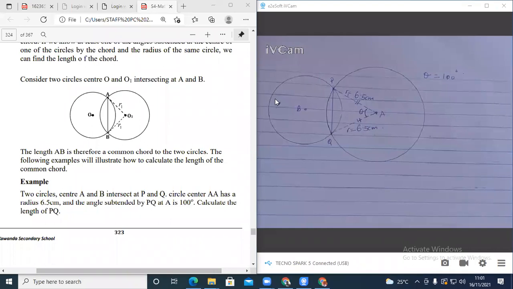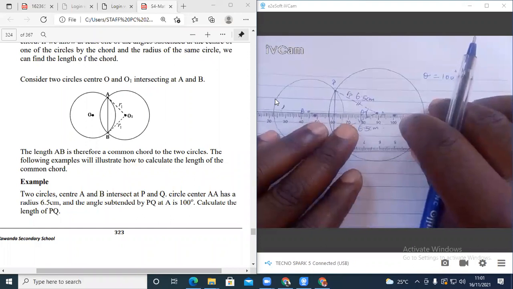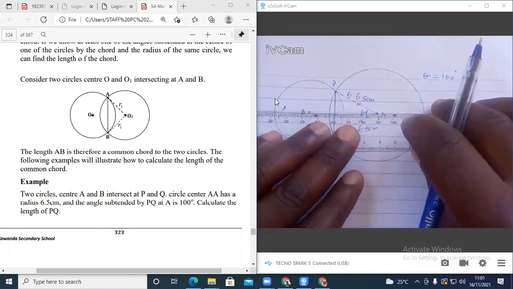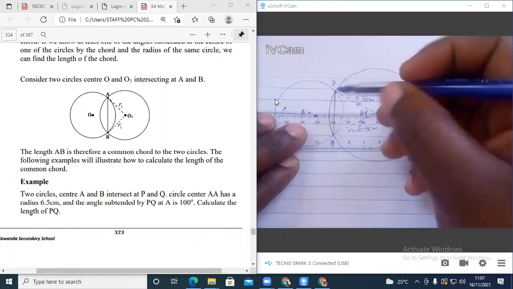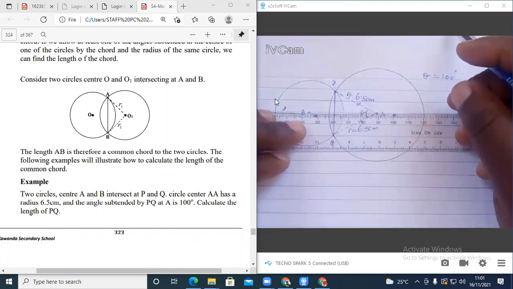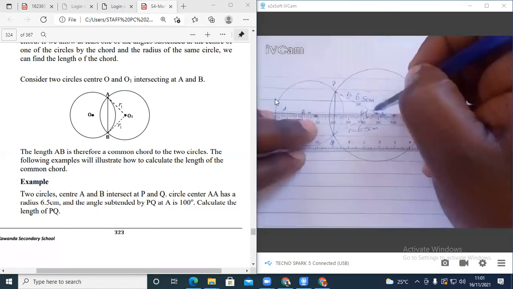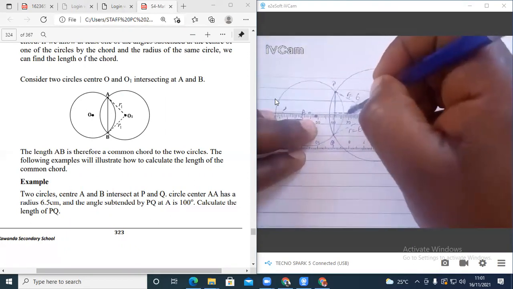But before that, I'm going to draw a line here from A up to the chord. You should know that the line I'm going to draw bisects the chord PQ, cuts the chord PQ into 2, or divides it into 2. So let me draw it as a dotted line there.